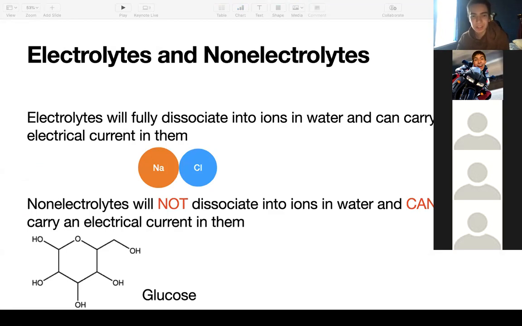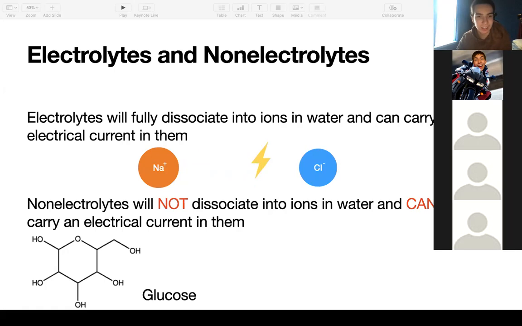When we introduce NaCl into water, the chlorine will come off and become Cl minus, and our sodium will gain a positive charge. Because there's a difference in charge, electricity can flow between ions, as opposed to non-electrolytes. Non-electrolytes will not dissociate into ions, therefore cannot carry an electrical current.